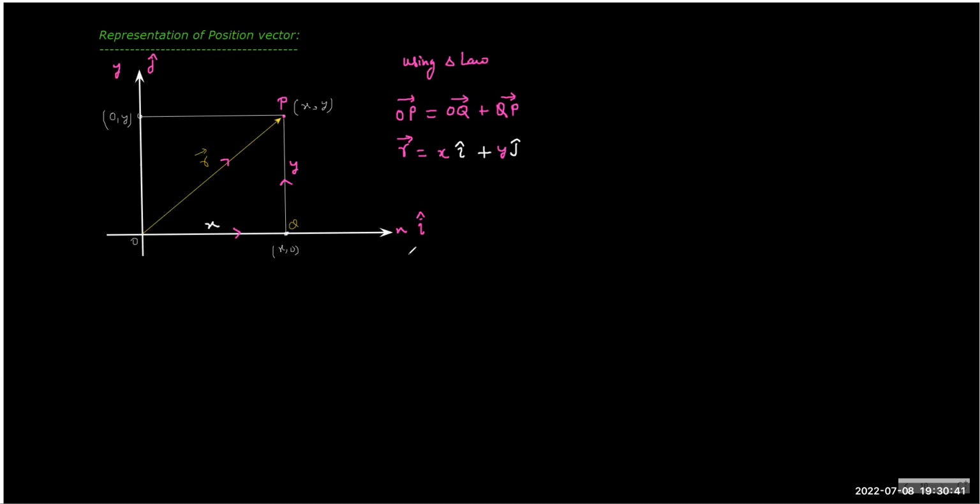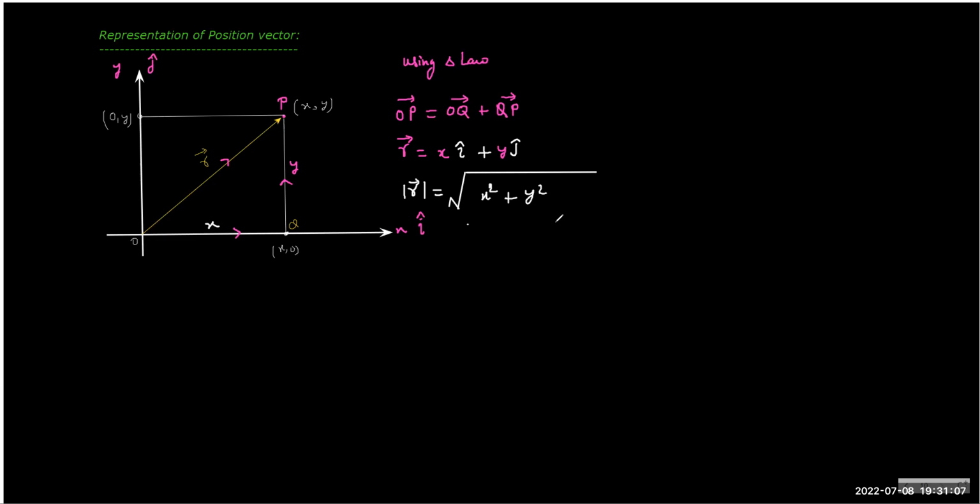Now, once you write this, what is the length of R vector? If you want to know the length, can we use Pythagoras directly? Yes, sir. Square root of x square plus y square.